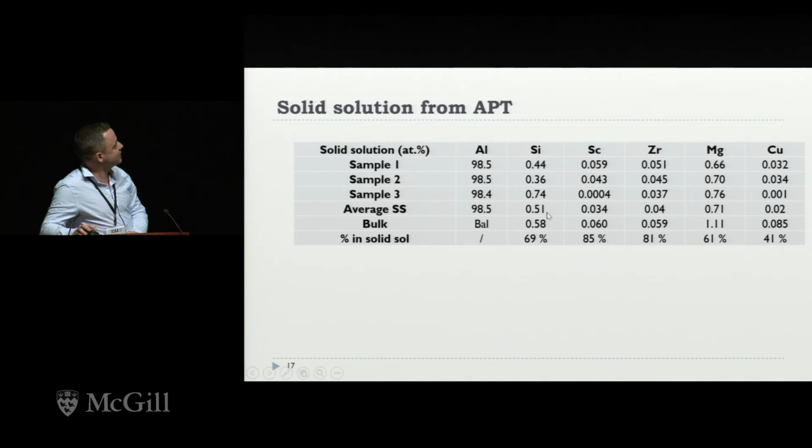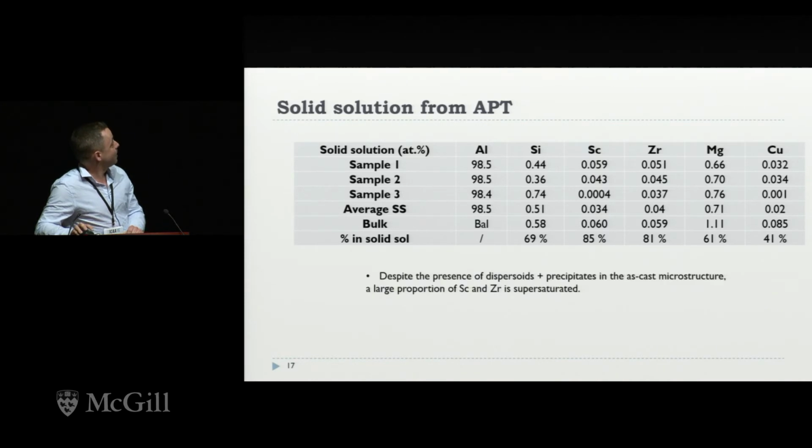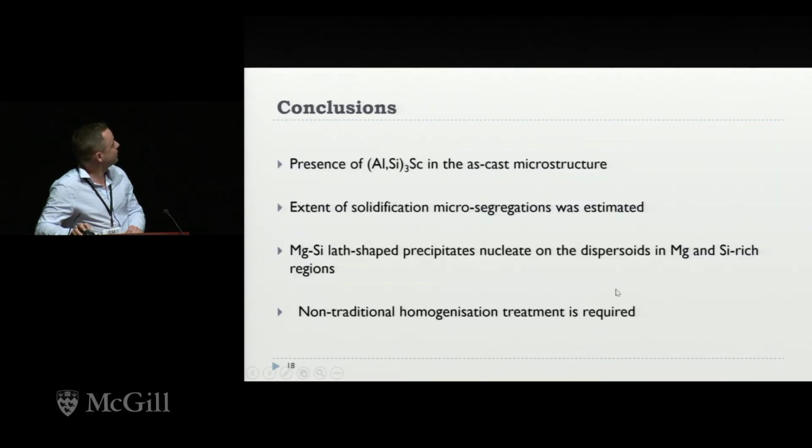But if you take an average from these 3 samples, you can see that actually you still have quite a fair amount of scandium and zirconium. If we trust these numbers, of course, it's 3 atom probe tomography samples, so it could be arguable that it represents the bulk solid solution, but still it gives an idea that there's quite a lot left in solid solution. So you can see that, again, the local composition heterogeneities are highlighted.